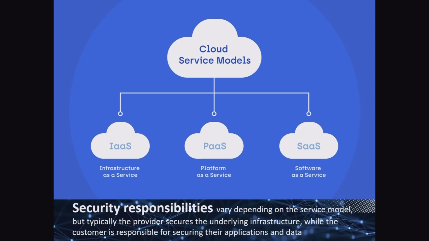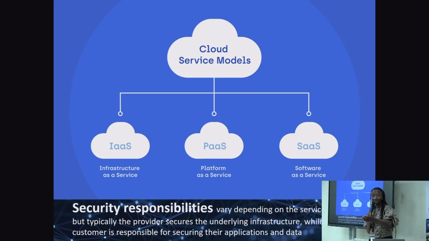Like AWS, you could buy servers on demand. They could provision VMs for you. So they're offering that as a service. And we have platform as a service. Those are the kinds of things that are available in cloud services.